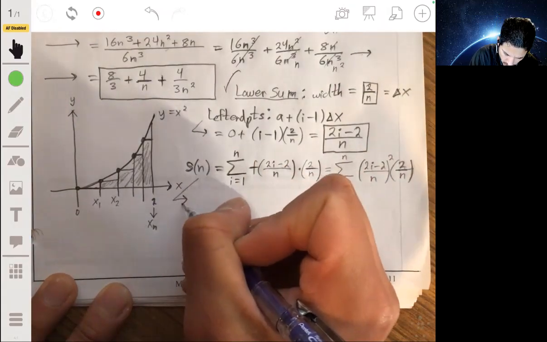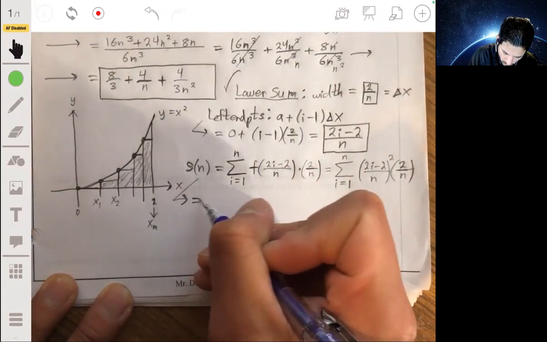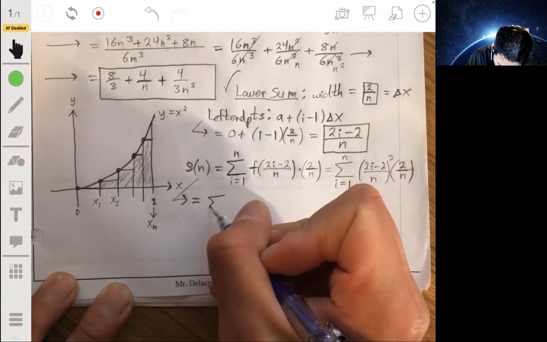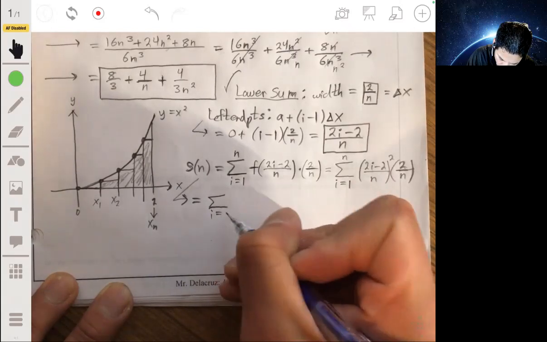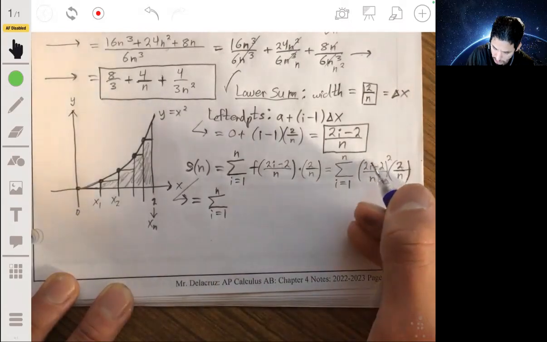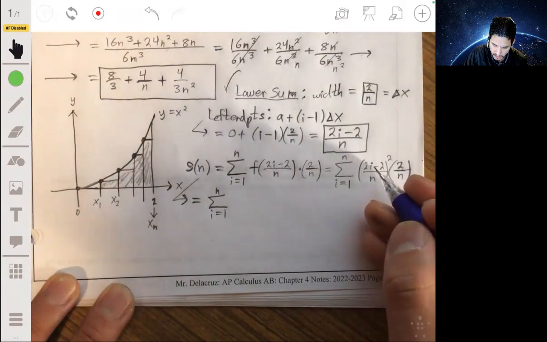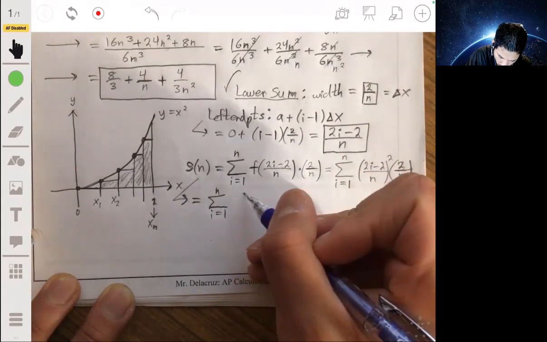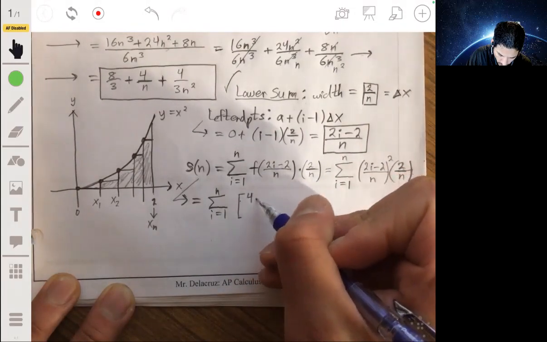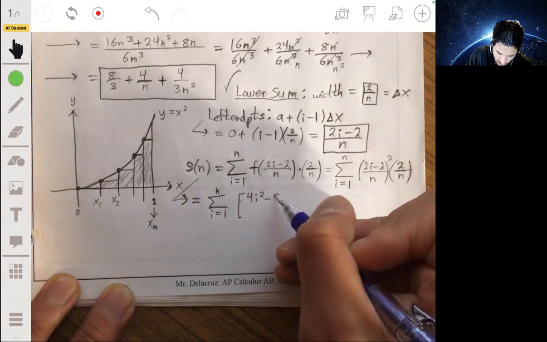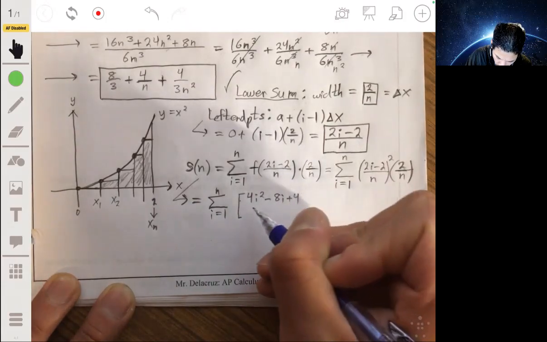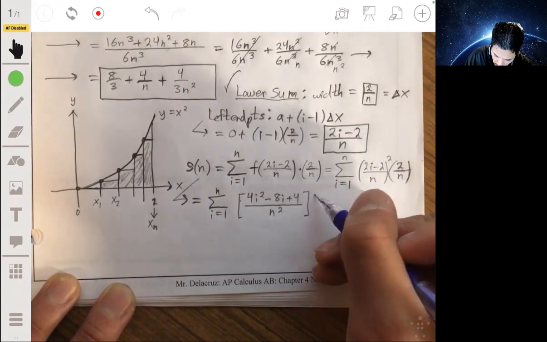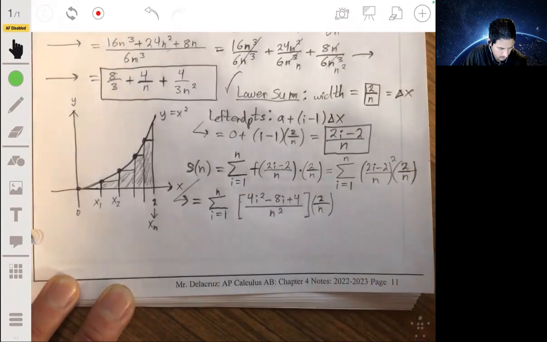Okay, so let's go to this line. So we're going to have the sum from i equals 1 to n. Squaring this, we'll get 4i squared minus 4i minus 4i plus 4. So this will be 4i squared minus 8i plus 4 over n squared, because we're squaring that bottom part too, times 2 over n.